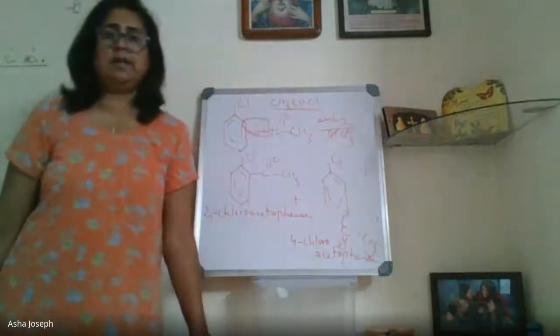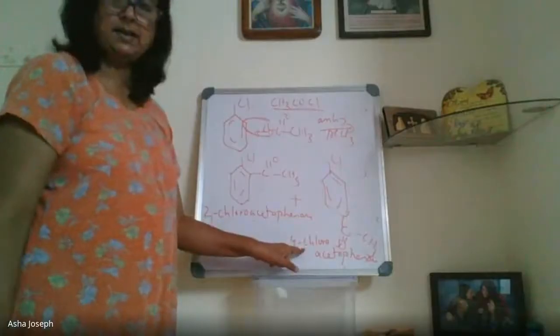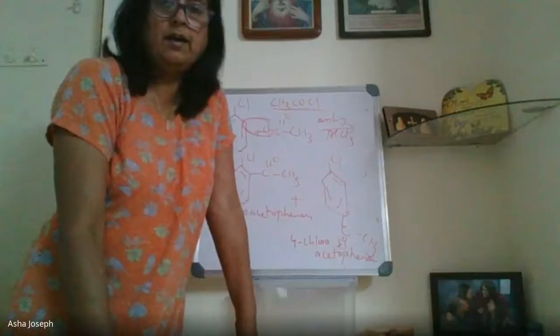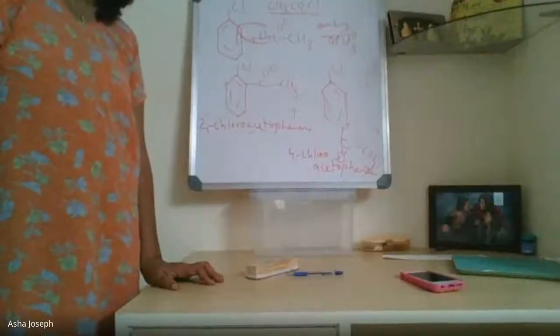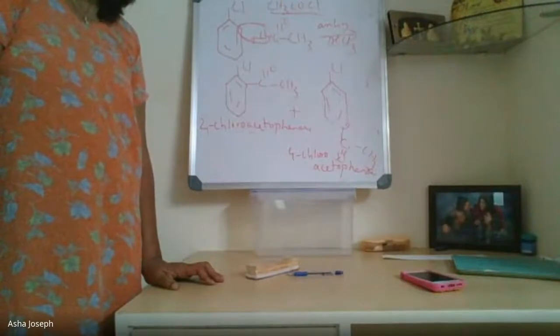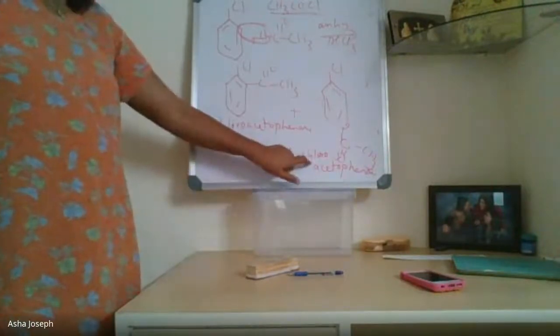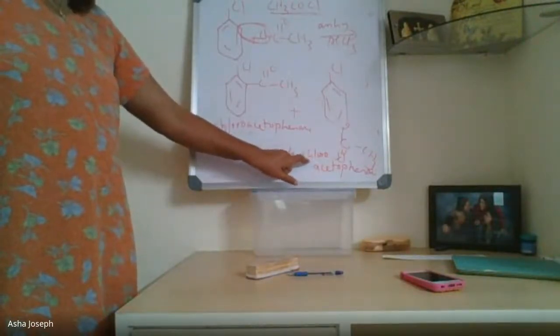Is it okay? Clear? Ma'am, can you please repeat once? This name. This reaction. Ma'am, write the chloroacetophenone. Huh? This entire thing, ma'am, the chloroacetophenone. Okay. You can't hear this. You can see. You cannot see this.